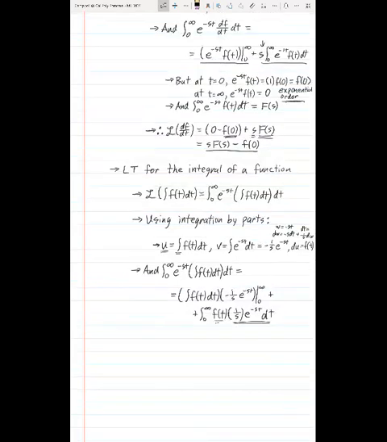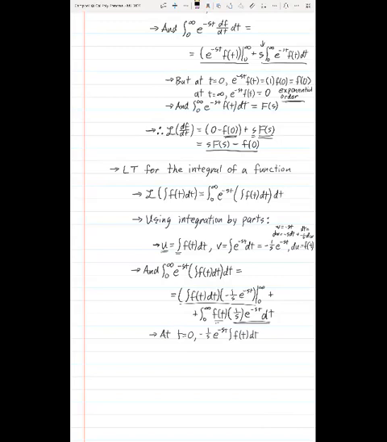So now let's initially look at this first term right here, just like we did before. At t equals 0, we have negative 1 over s e to the negative st times the integral of f of t dt, all evaluated at t equals 0.